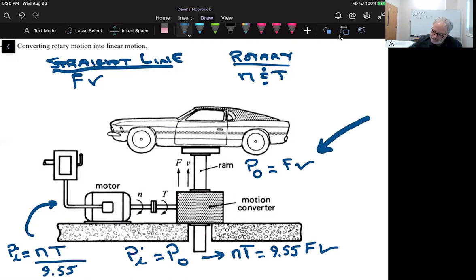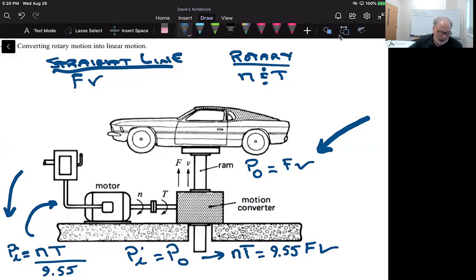And we already looked at this: power out is a force and a linear speed. And here's the power of the motor, which relates the speed times the torque.